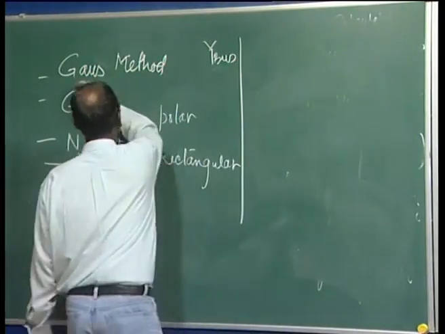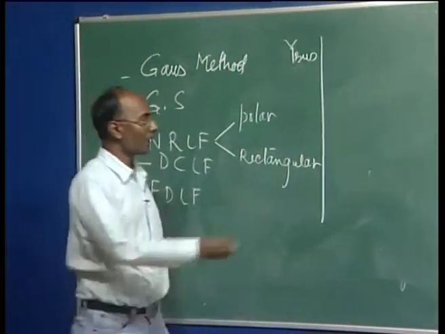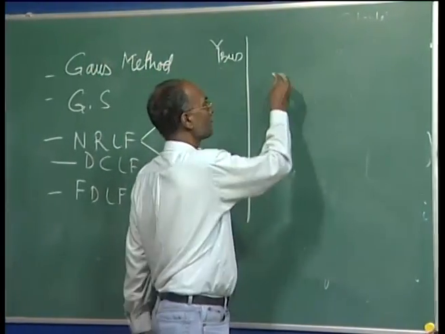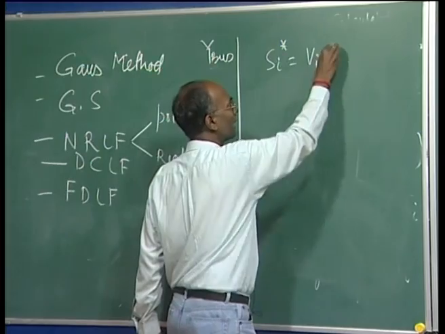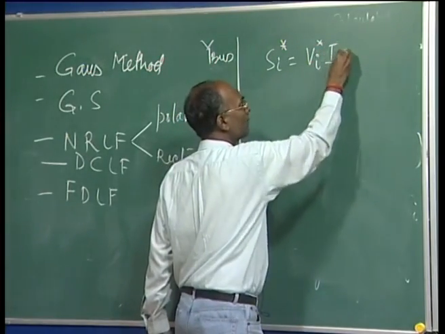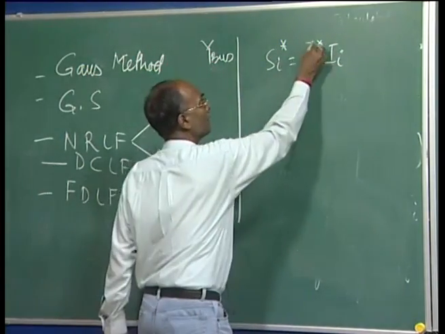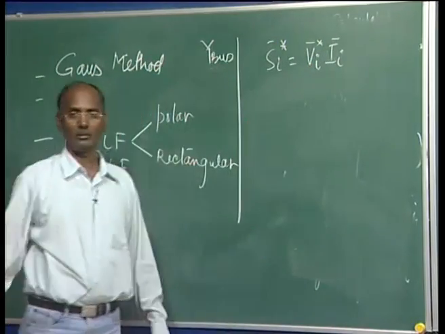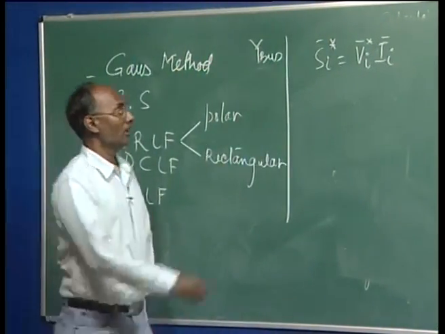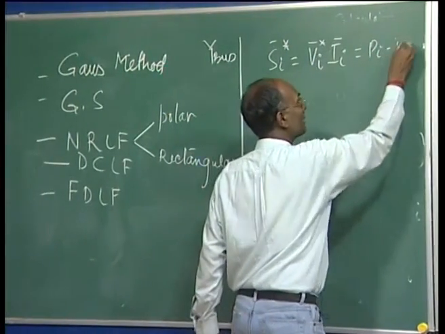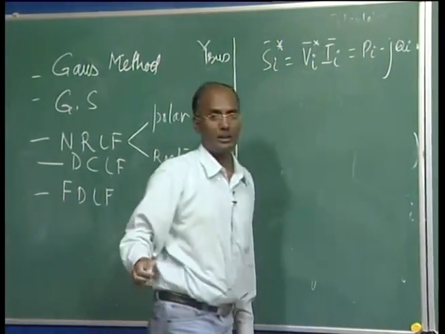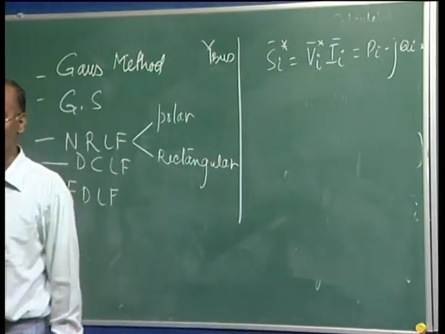Now this Gauss method, we again arrive at from a very simple principle. Si conjugate is nothing but Vi conjugate into Ii. These are the complex power. This is equal to Pi minus jQi. I am writing this as the power injection at the ith bus.